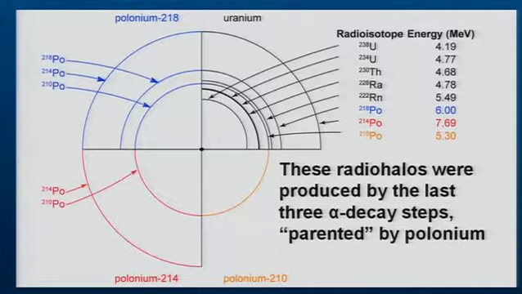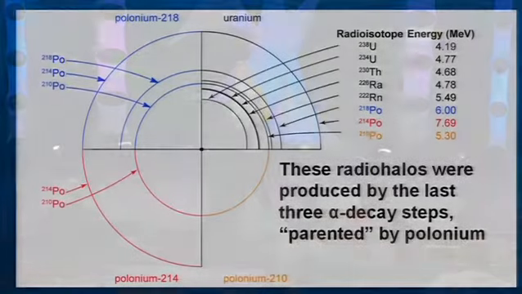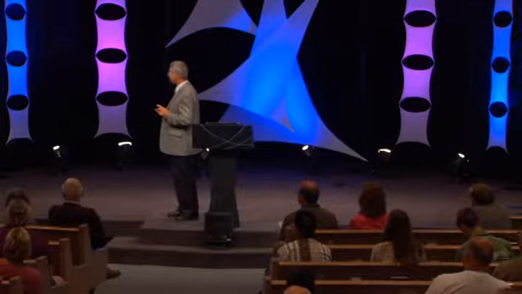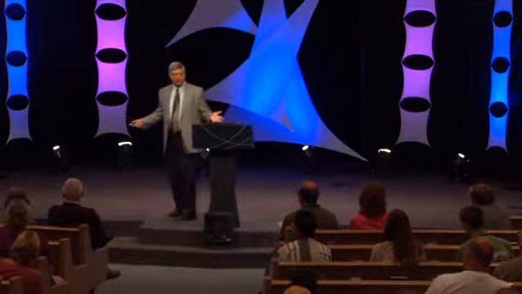So when we've got a 1-ring, or a 2-ring, or a 3-ring halo, it must be an element other than uranium in that radioactive centre. Because if uranium was there, it would produce instead a uranium radiohalo. So what element is responsible? Well, it happens to correspond to the one element, but 3 isotopes of that element, polonium.